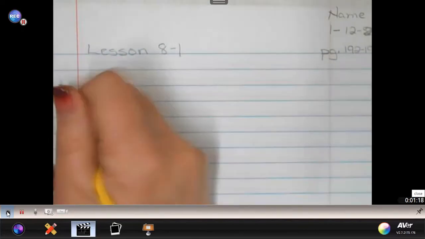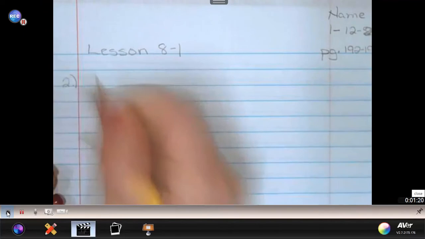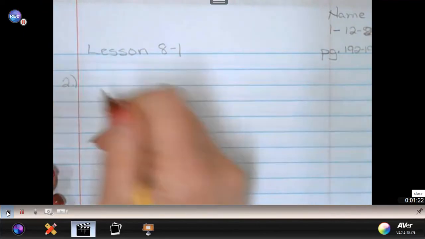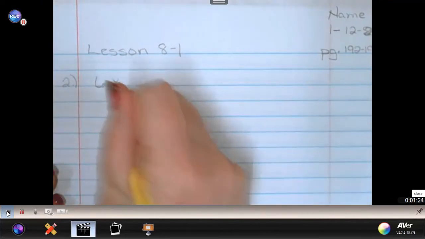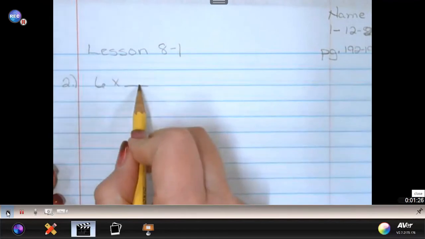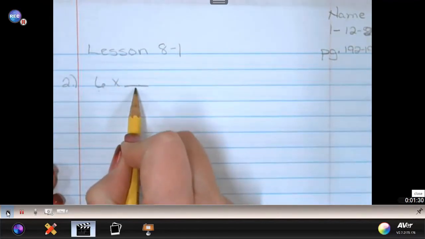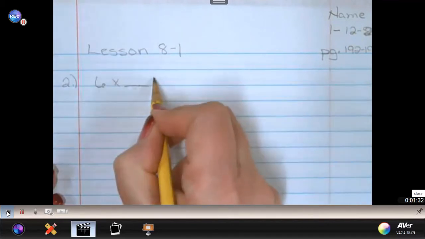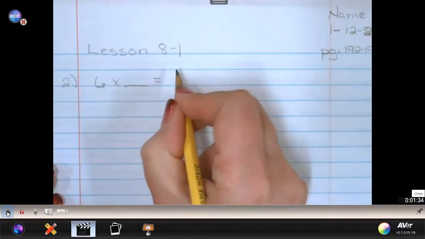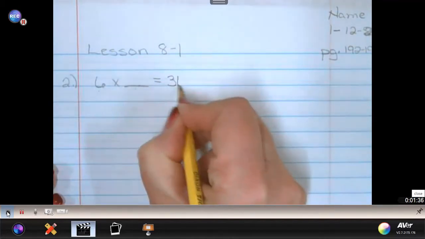So let's take a look at number 2. And I want to look back at this idea of an unknown factor. This is a factor. We have 6 as a factor, and this is a blank, and it is also a factor, and we know the product. We know our total.